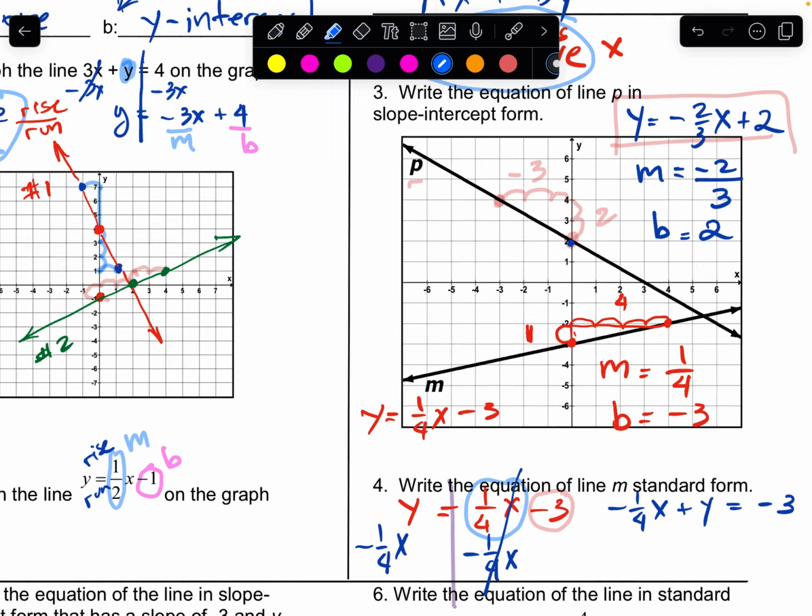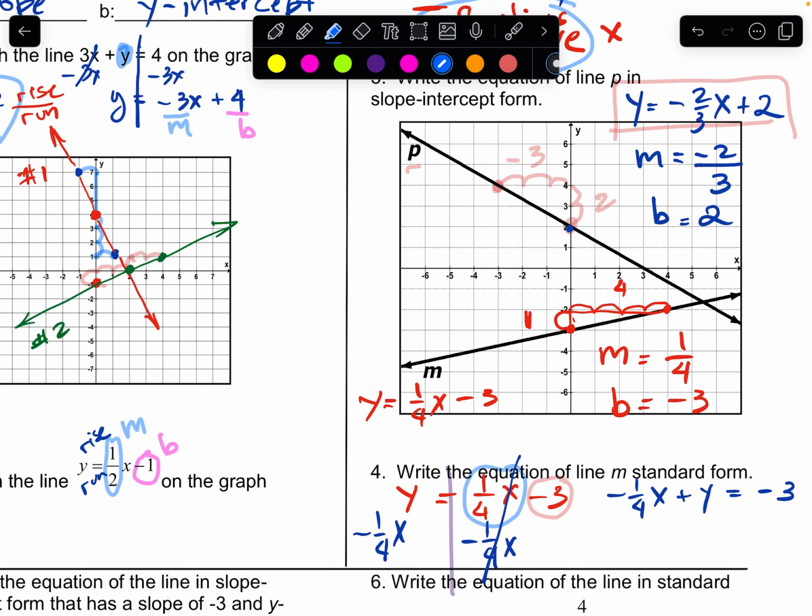So this is bad. We need to keep going. First of all, in general, how do you get rid of fractions? We don't like fractions. So we can multiply all of this by 4. Whatever you do to one side, you do to the other.